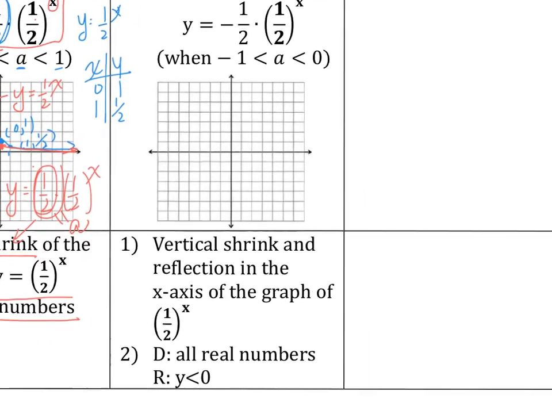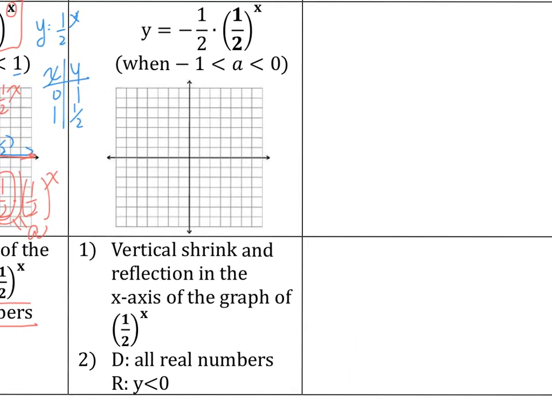And for this next graph, I would like to first graph y equals half to the x power again. So 0, 1, and 1, 1/2.